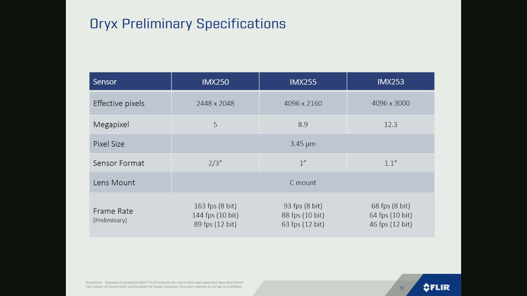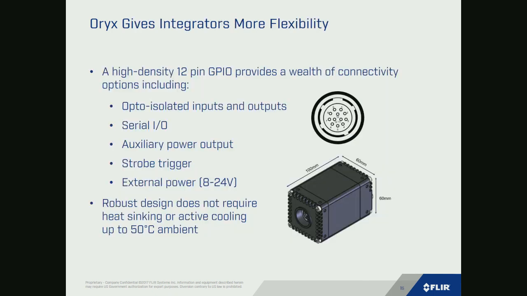These all use a 3.45 micron pixel, and they're all built around C-mount optics. So there's a wide variety of really high quality, high performance lenses that are more compact and lower cost than F or EF mount lenses.